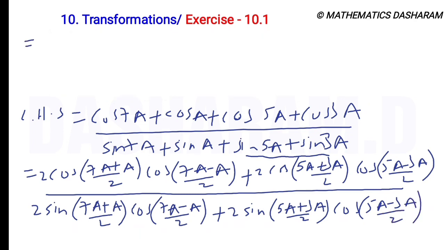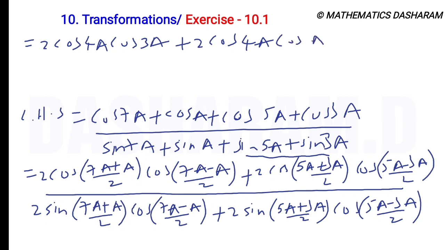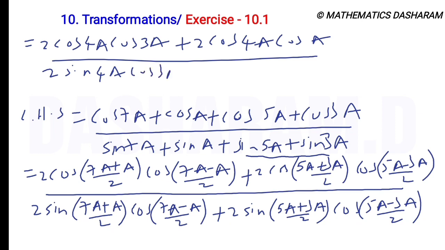So it is equal to 2 cos, here 7A plus A by 2 simplification is 4A into cos 7A minus A by 2 simplification is 3A, plus 2 cos, here 5A plus 3A by 2 is 4A, and here 5A minus 3A by 2 is cos A, divided by here 2 sin 4A into cos 3A plus 2 sin 4A into cos A.